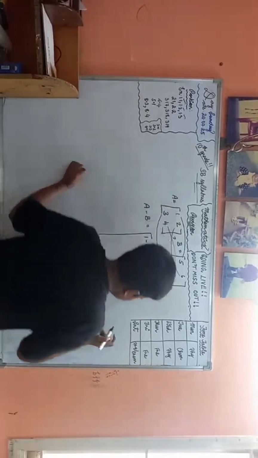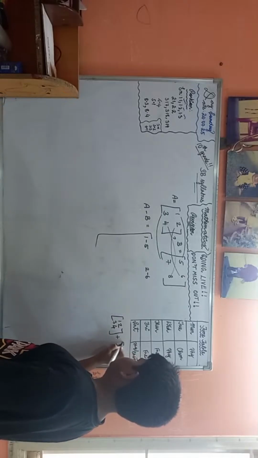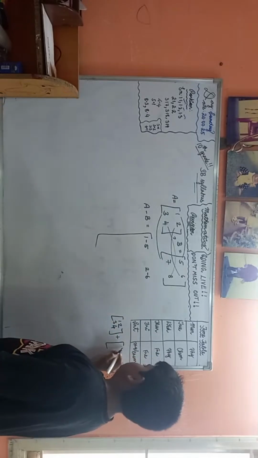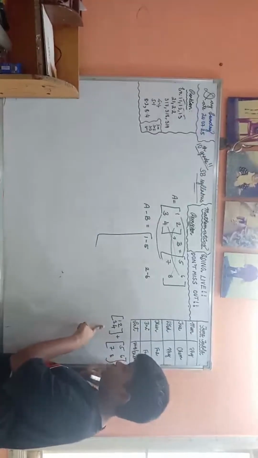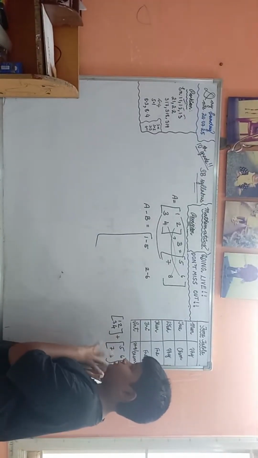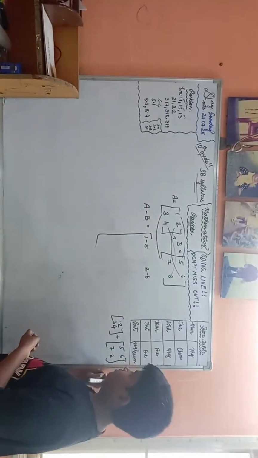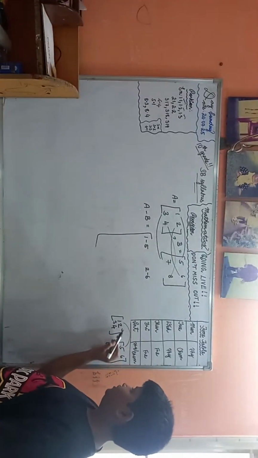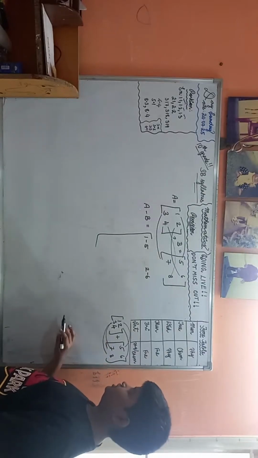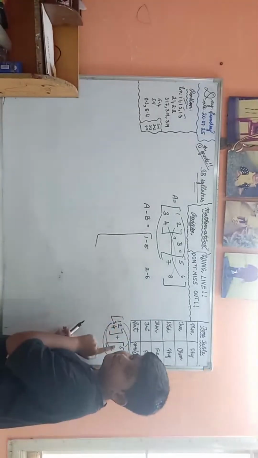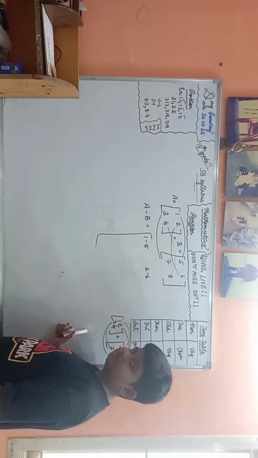So guys, remember, if you have 1, 2, 3, 4 and 5, 6, 7, 8, the corresponding numbers of each set will be added, subtracted, divided or multiplied. So 1 is the first element of the A matrix, so we have to add the first element of B.